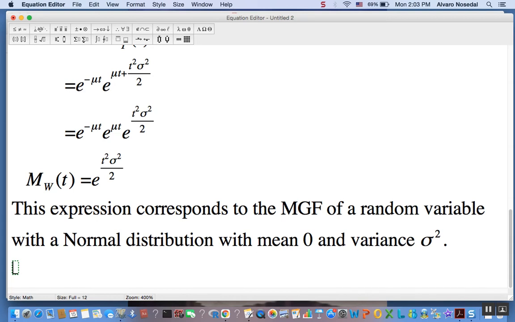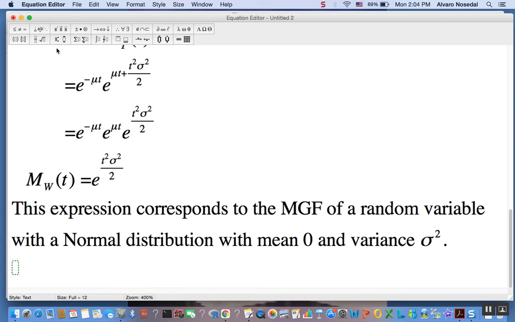Something else, we know that MGFs are unique, so that implies that W must be normally distributed with mean 0 and variance sigma squared. So let's just point that out here.